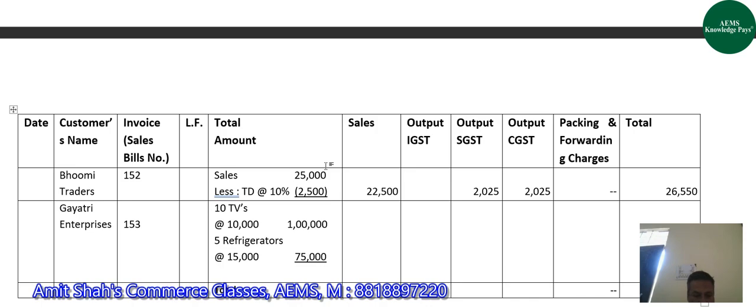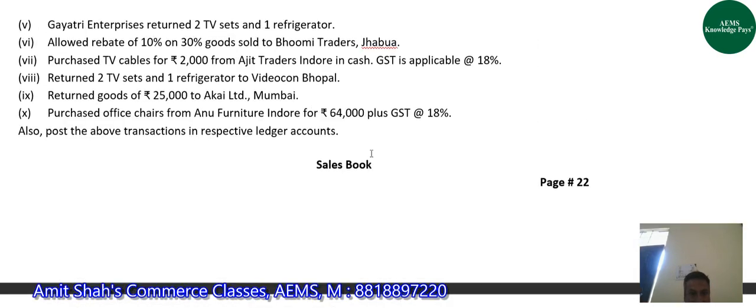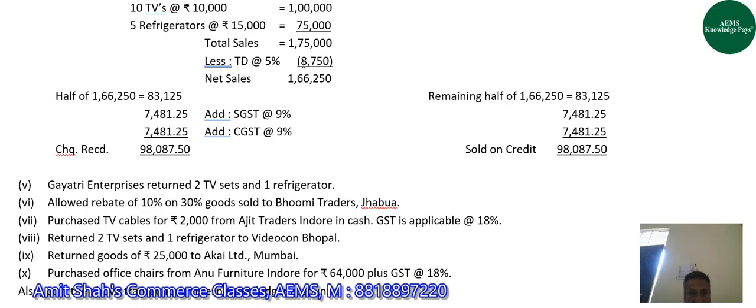So total is 1,75,000, less trade discount at the rate of 5%, that is 8,750.